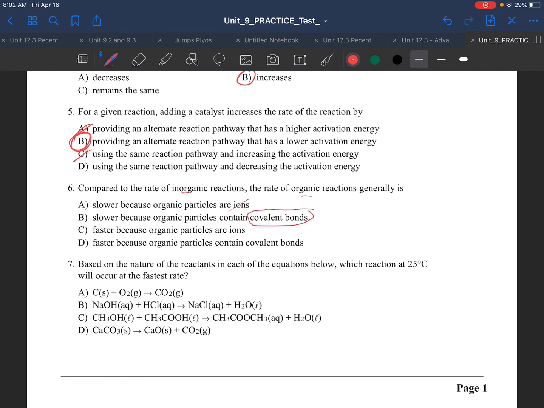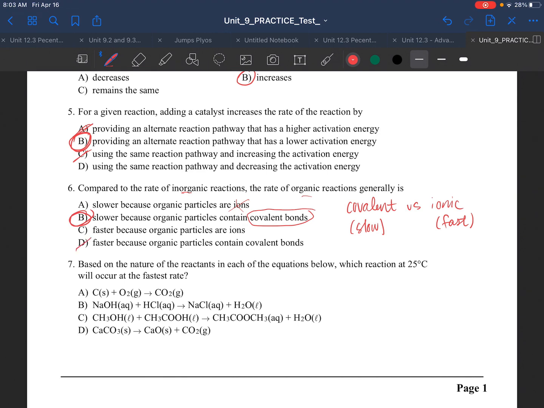We didn't spend time really talking about ions, but when we talked about covalent bonds, it was in the sense of covalent versus ionic, where we said covalent tend to have slow reaction rates where ionic are fast. Because organic particles contain covalent bonds, they're going to be slower. So it can't be D.